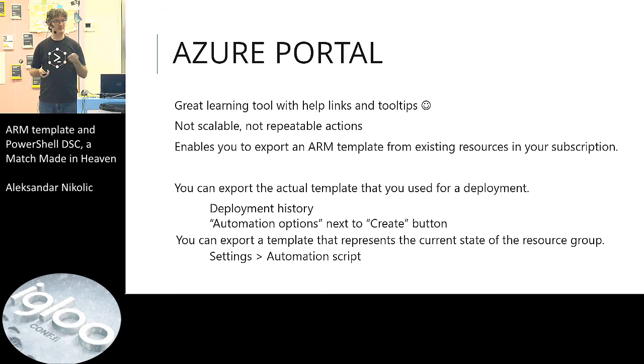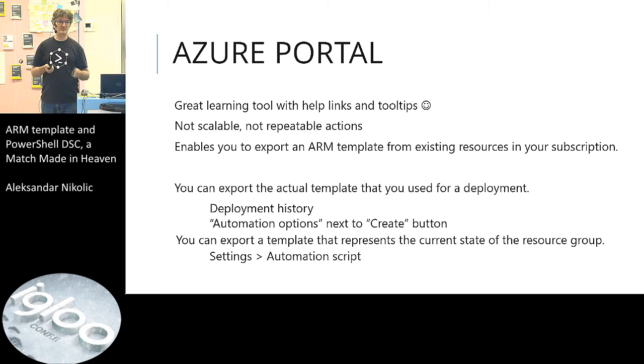What's interesting for a lot of people is that they say, I don't want to work with templates, I don't care about code, I'm fine in the Portal, but they're not aware that what's actually happening behind the scenes is deployment of those templates. And there is also an option to export the current state of your resource group. To do that, you will go to the automation script option in the settings section, but you need to realize that the generated templates are different.